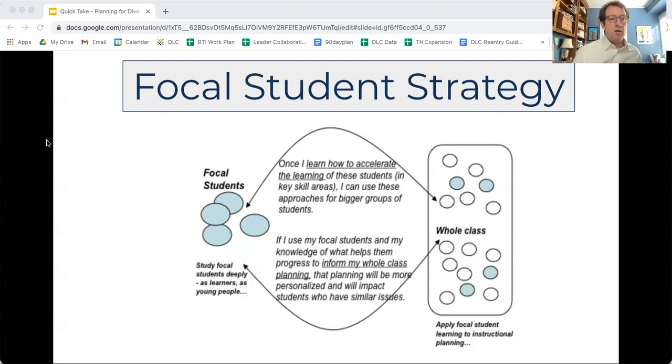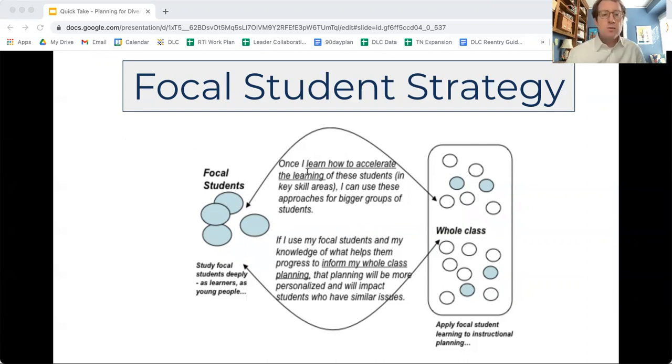You can see the diagram here that the narrative is, once I learn how to accelerate the learning of these students in key skill areas, I can use these approaches for bigger groups of students. If I use my focal students and my knowledge of what helps them progress to inform my whole class planning, that planning will be more personalized and will impact students who have similar needs.